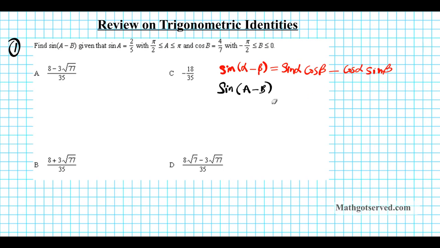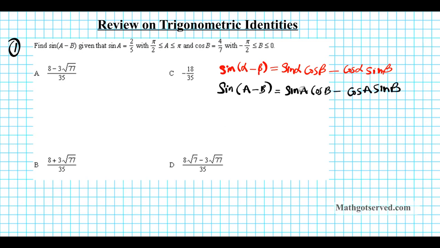Let's apply it to this formula right here. So if I apply it to this formula, sine A minus B is going to be sine A cosine B minus cosine A sine B. Okay, all right, so let's see what we have.